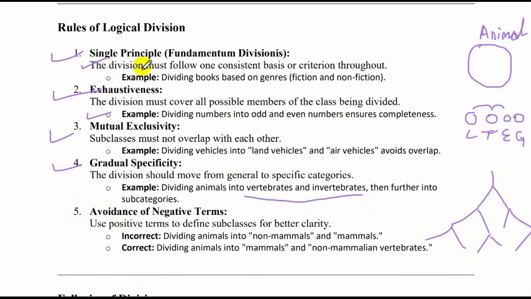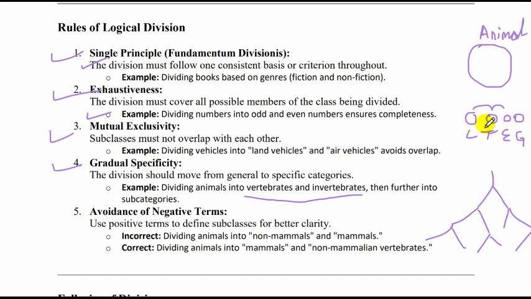So, single principle of division, single method, single criteria throughout the division. It should be exhaustive, that is, it should cover every member of the broader class. It should be mutually exclusive, that is, a member of one class should not overlap with the member of the other class, and there should be gradual specificity, meaning we have to divide gradually the broader class into its specific categories.